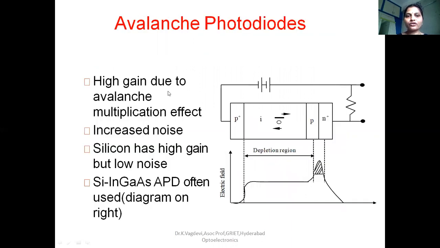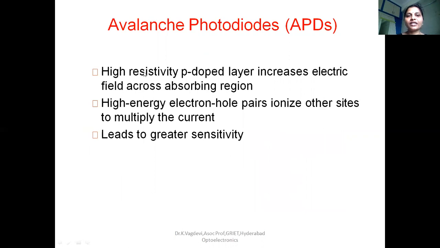The avalanche photodiode has high gain due to the avalanche multiplication effect, but also increased noise. Silicon has high gain but low noise, whereas silicon, indium gallium arsenide avalanche photodiode is often used, which is shown in the figure. APDs have a high resistivity p-doped layer, which increases the electric field across the absorbing region.